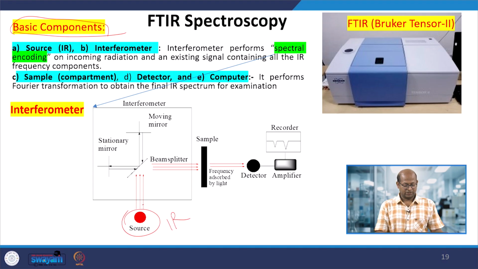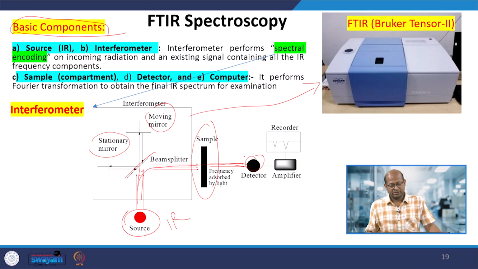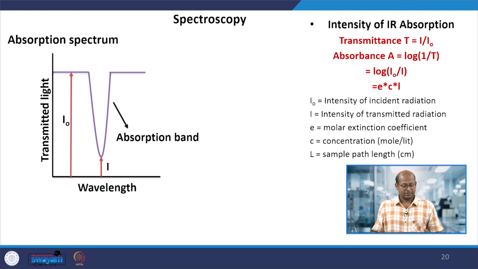The IR source beam comes to the beam splitter, and there is one moving mirror and another stationary mirror inside the FTIR spectrometer. Then there is the sample compartment, and after that the light passes through the sample to the detector, and with the help of an amplifier or computer we can get the FTIR spectra.